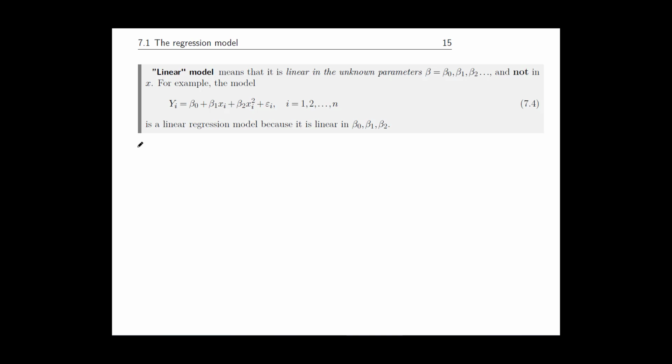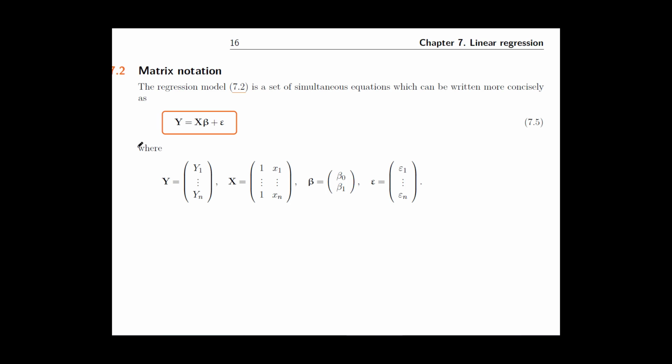You don't see logarithm of beta, etc. Okay, so you could have any nonlinearity on the x's. You have x squared, x cubed, of course, any function. So it doesn't have to be linear in x. It's linear in the betas. Okay, so let's get that out of the way. It's much more general than you might think.